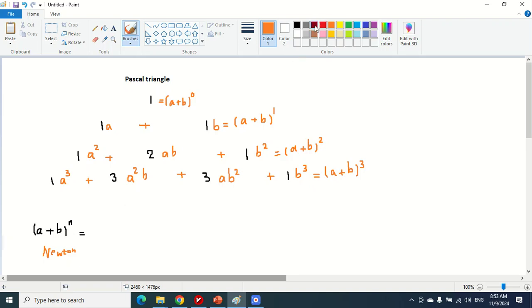If I just use a summation to determine the formula, then I have this summation: k is equal to 0 up to n.